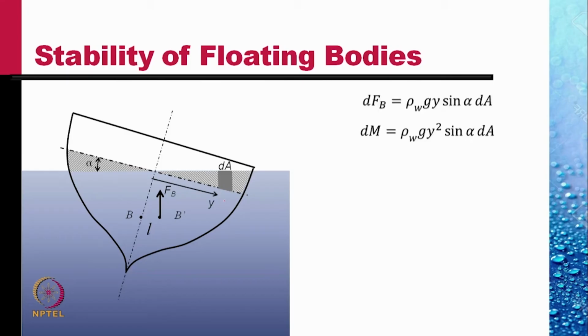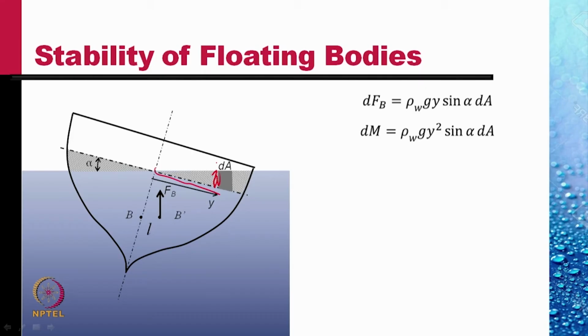The additional buoyancy dFB because of this is the density of water times g times y sine alpha, this height. This distance is y, so this is y sine alpha. Y sine alpha dA is the volume of the darker gray area. So this is the additional buoyancy.